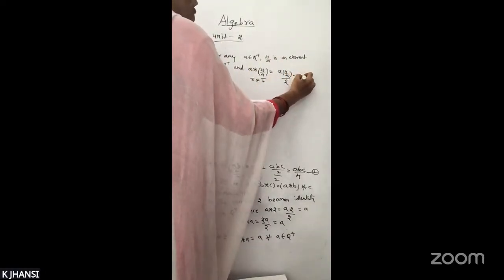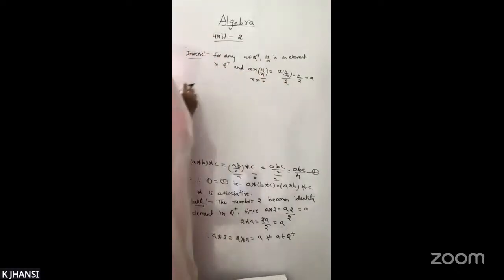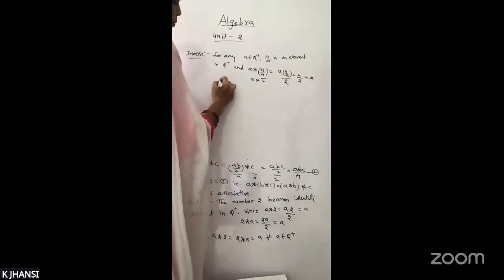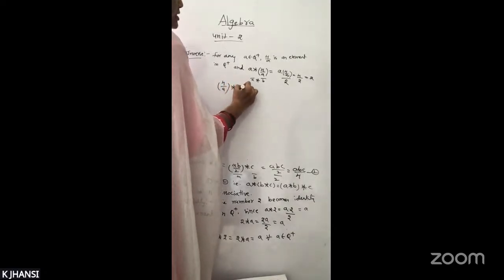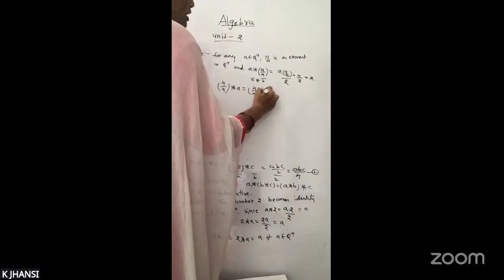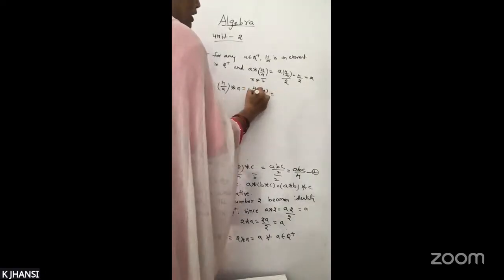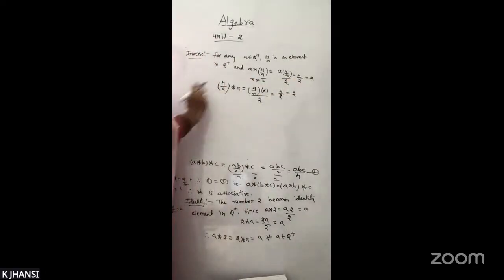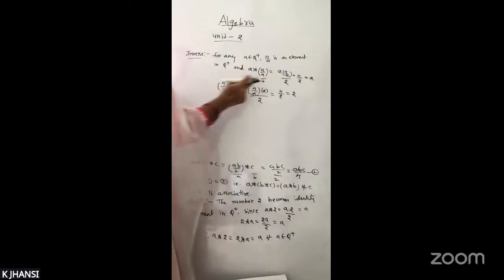So 4 by 2 is equal to 2 you are getting. So similarly 4 by A star A is equal to 4 by A into A by 2. So A will get cancelled again, 4 by 2 is equal to 2 here.